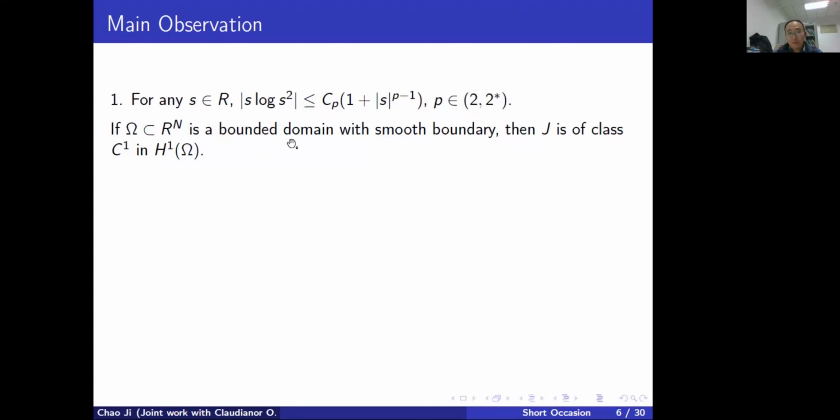So if omega is a bounded domain with a smooth boundary, the functional G is C1 in H1 of omega. In our research we use these properties sometimes.